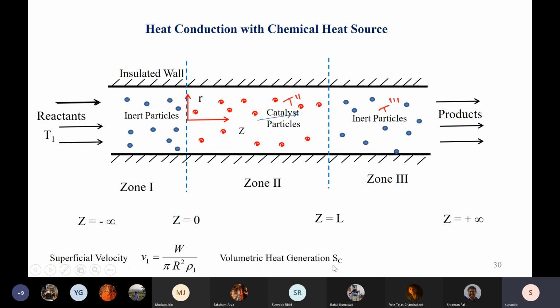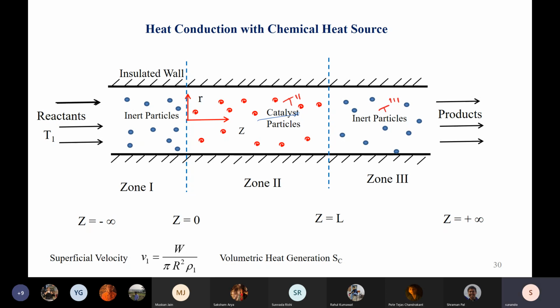And there is some volumetric heat generation due to the reaction, which is denoted by SC, and which is non-zero only between Z equals 0 and Z equals L. In zone 1 and zone 3, the value of SC is equal to 0. What we have to do is find out what could be the temperature profile starting from zone 1 to zone 3. Zone 1, 2, and 3.